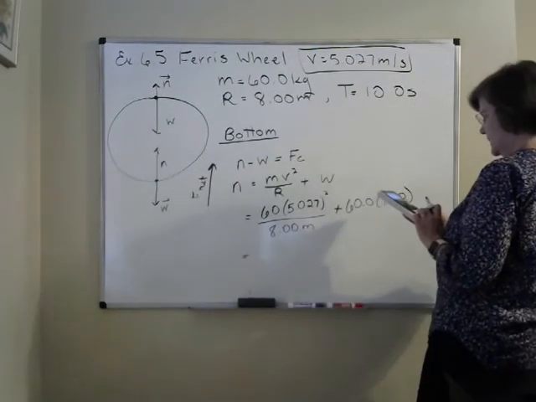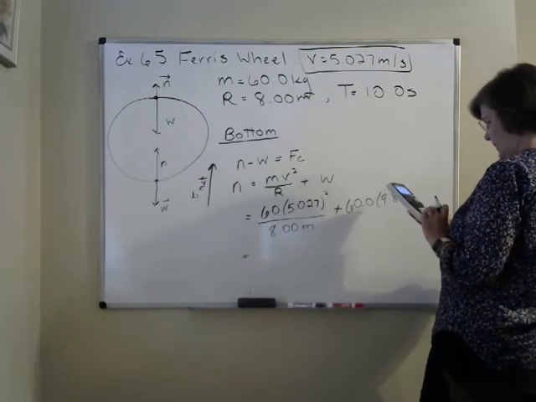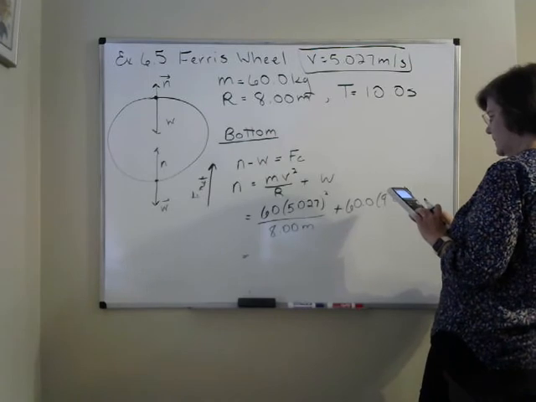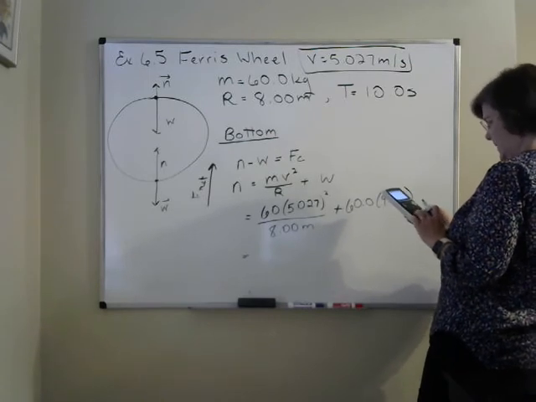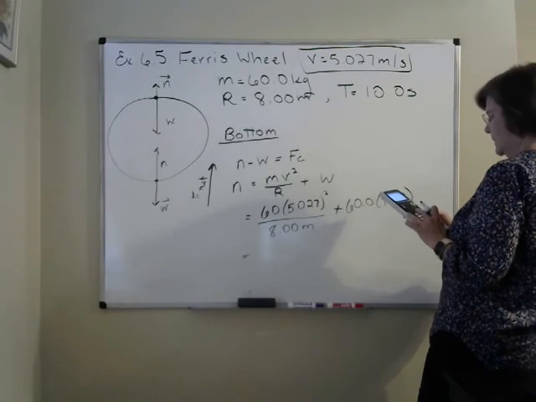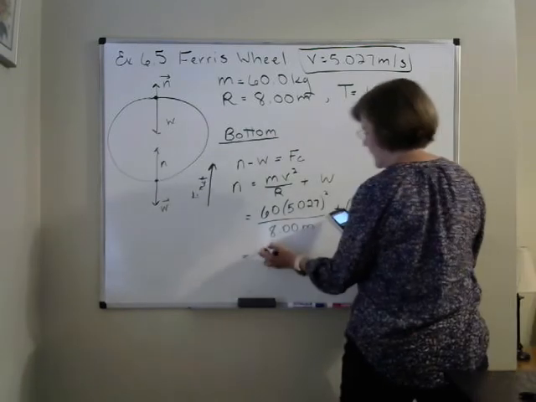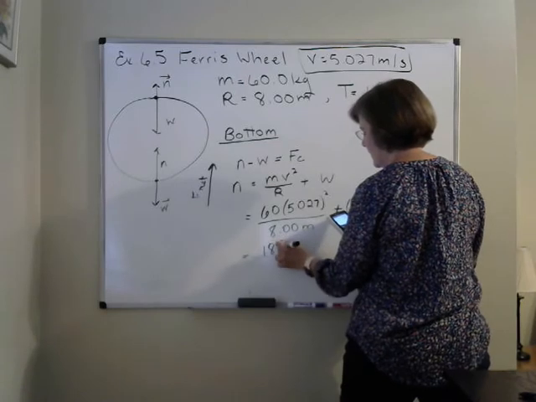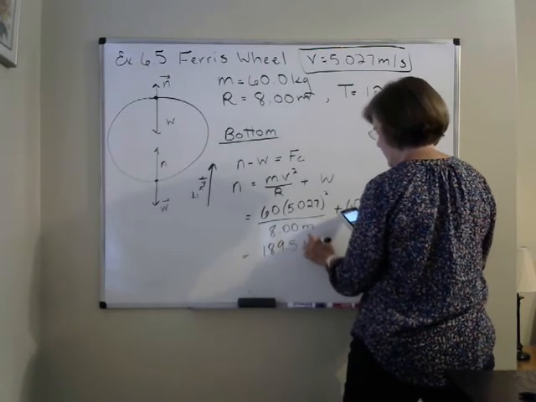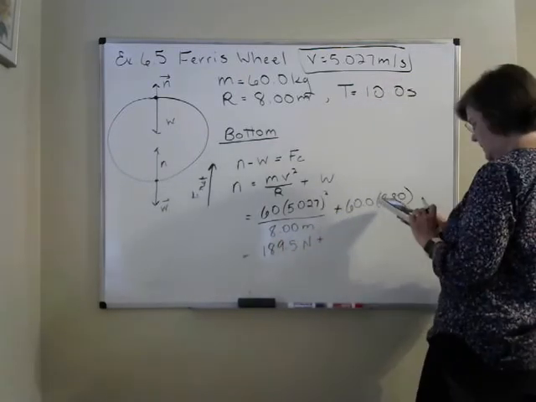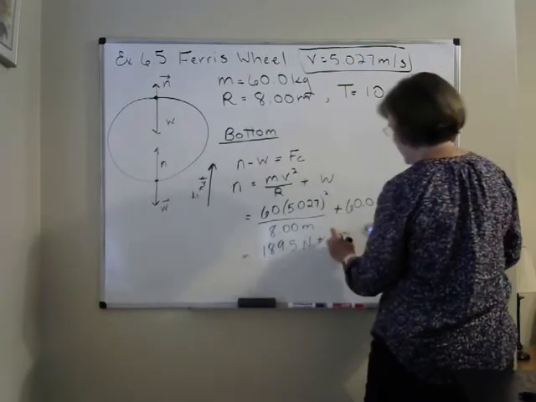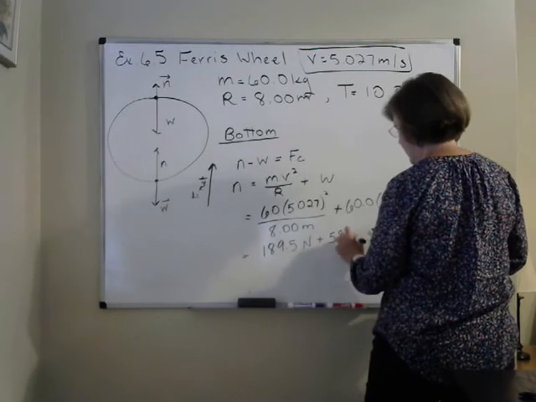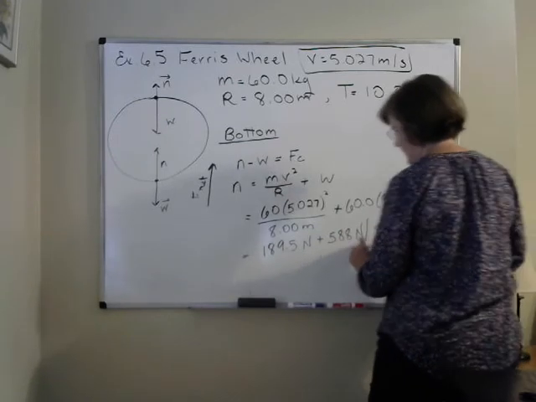So 60 times 5.027 squared divided by 8. That came out to be 189.5 newtons plus 60 times 9.8, 588 newtons.